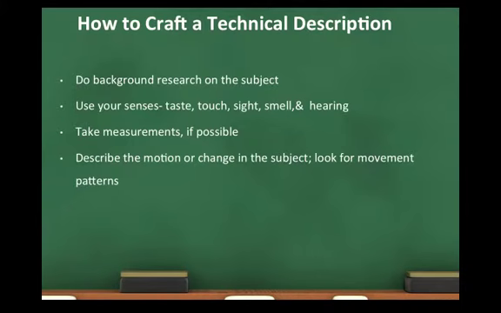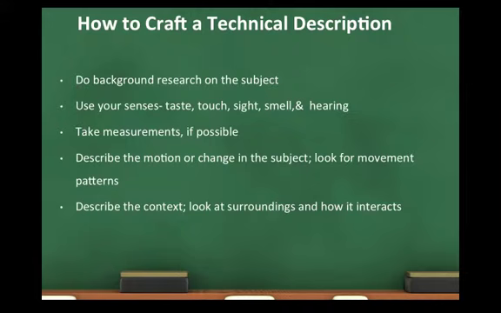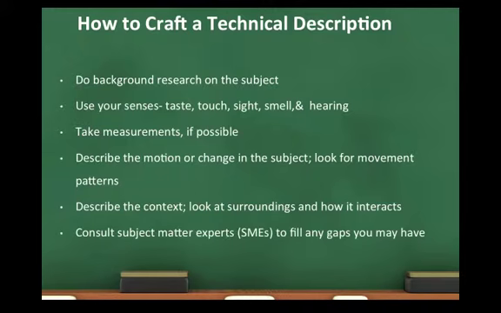You could describe if it has a particular motion or it changes in some way, being dipped in a particular color or exposed to a particular light. Look for any movement patterns that you could describe. Look at its context, its surroundings, and whether that has any implications on the particular object or process, or how it interacts with other things in the environment, which might also have some impact on its description.